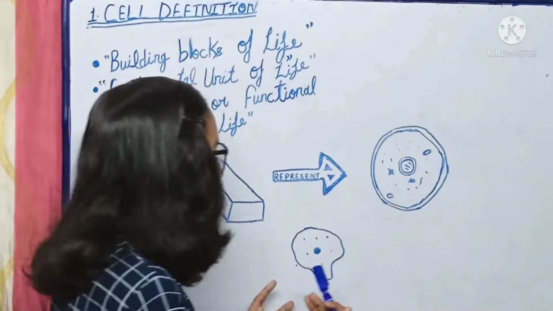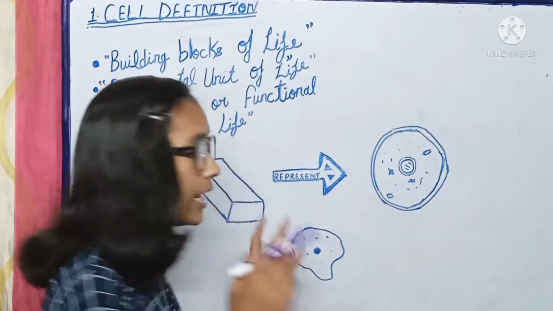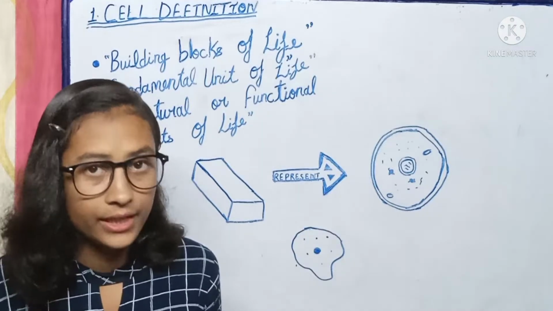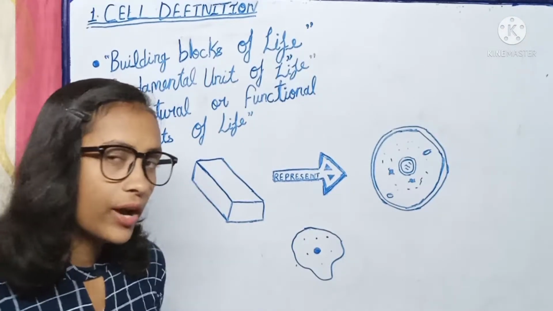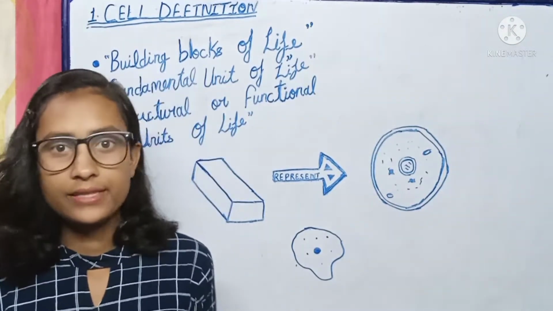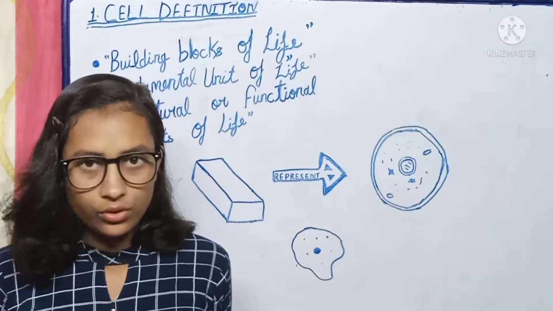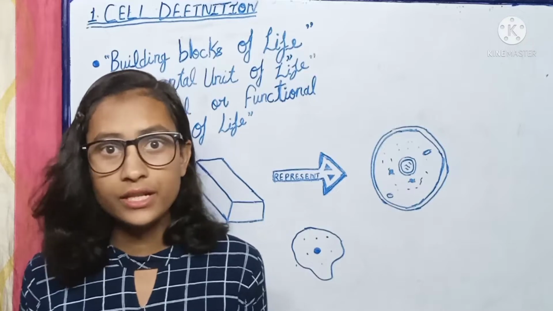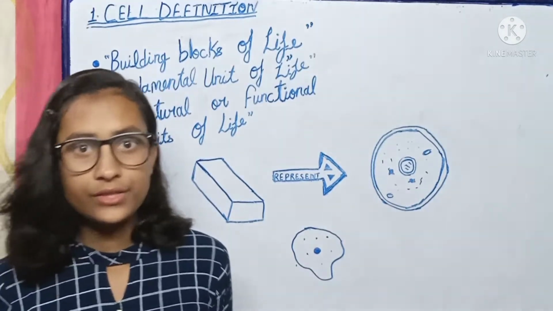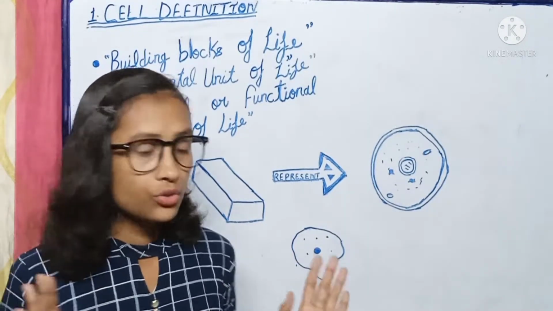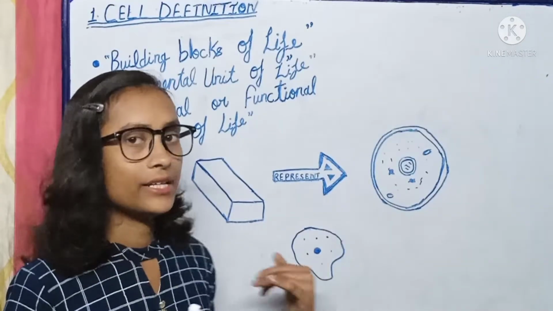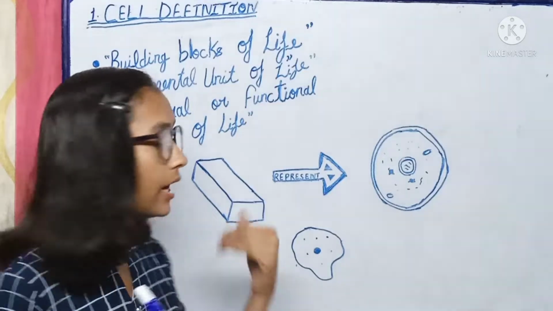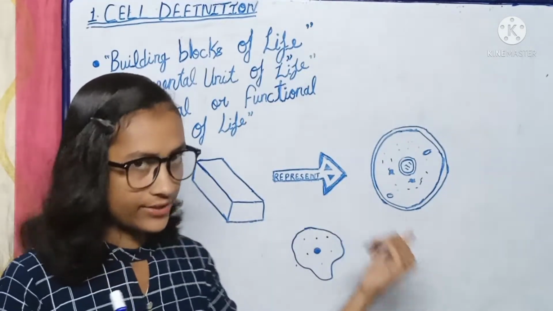Obviously you observe that only one cell makes its life, its body. And if I give an example of human beings like us, we are made of millions and trillions of cells. So I hope you can relate the bricks and cells.